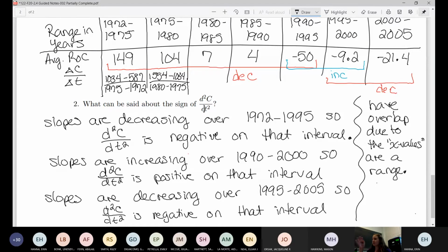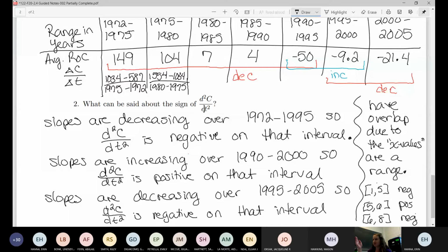So in general, if those x values weren't ranges, we would have seen something like an interval from 1 to 5 being negative, and then 5 to 6 being positive, and then 6 to 8 being negative. So the overlap would just be at those singular points at the end.